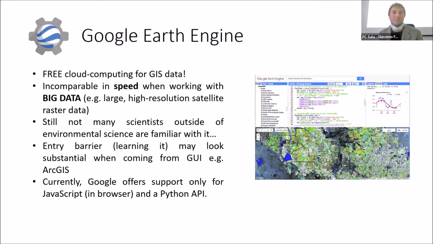Or it offers a Python API also, but yeah, I don't like Python very much. Maybe some of you use Python. So I use R. So today we will see how to use it with R. But it's technically also possible to use it with Python if you prefer Python.